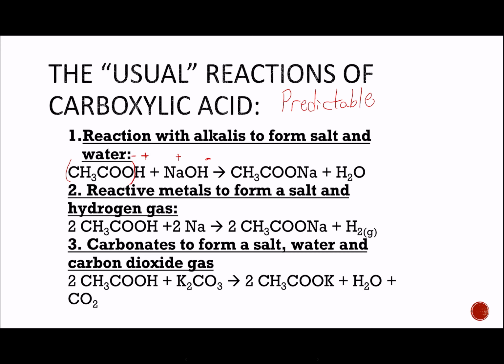So when you see negative, positive, positive, negative, this means that you have a double replacement reaction. So in the reaction with base to form salt and water, this is really just a double replacement reaction, nothing strange here. Just remember that the positive will go with the other negative, so it would be H that goes with OH, and you would end up with CH3COONa.